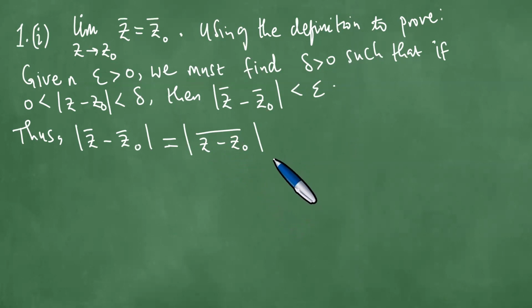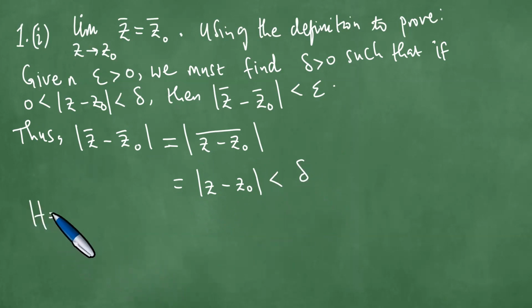And from this, we know that the modulus of the complex conjugate is the same as the modulus of the complex number without the complex conjugate. Hence delta is exactly the same as epsilon.